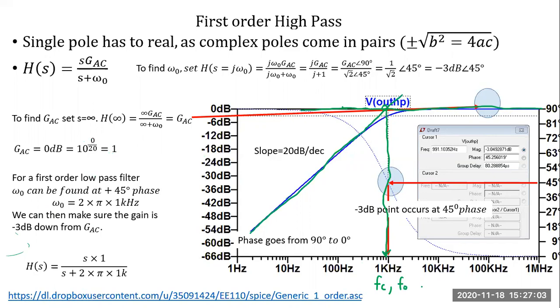It can also be called the bandwidth. The bandwidth of the high pass filter is like a kilohertz. You'd say, all right, that's the cutoff frequency, although it's used more with the low pass.